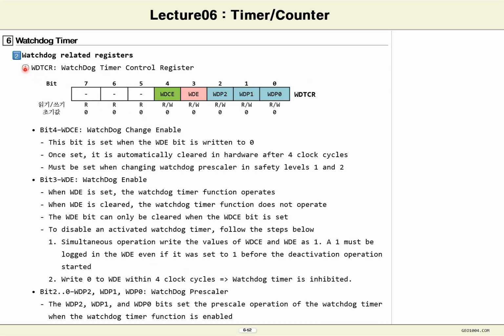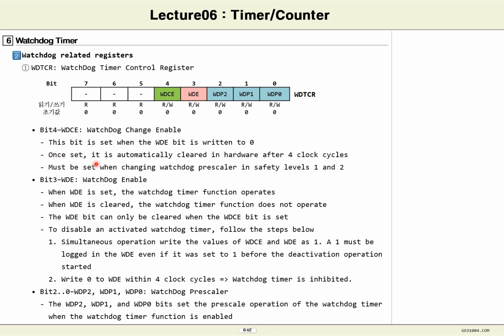This time, we will look at the registers related to the watchdog. First, let's look at the watchdog timer control register. As you can see, the bit structure uses 5 bits. First, let's look at bit 4, the watchdog change enable bit. This bit can be set when the watchdog enable bit is written to 0. The watchdog enable bit will be bit 3.